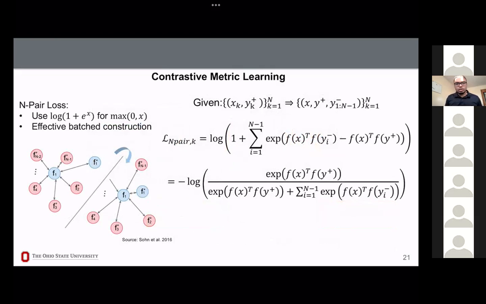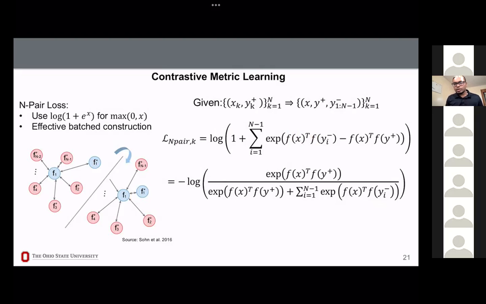What n-pair loss does is basically these two things. It uses softplus instead of this hard max operator, max 0, x, which we were using in the previous slide. Instead, it uses a soft version of that, which is log 1 plus e^x. So that's how this loss is formulated.